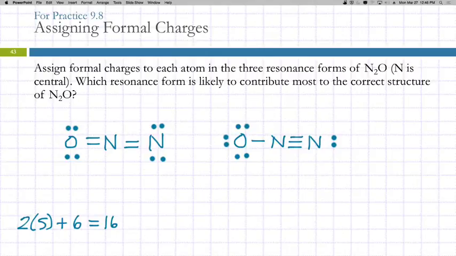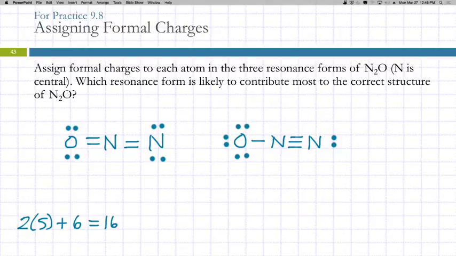Yeah? What else could we do? Quadruple bond? Can't do a quadruple bond, because then we don't have another bond for the other side. Right. You've got to just explore all the possibilities, though. What else can we do? Why is nitrogen making a triple bond with the nitrogen and not the oxygen?